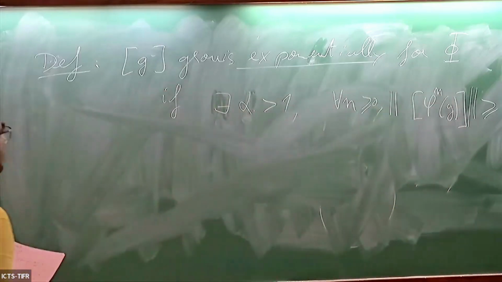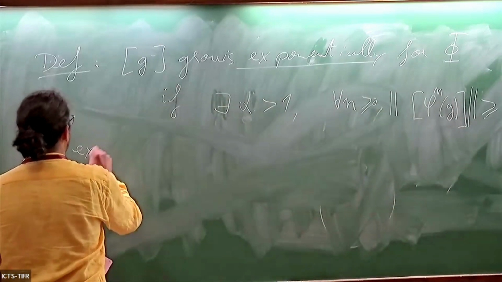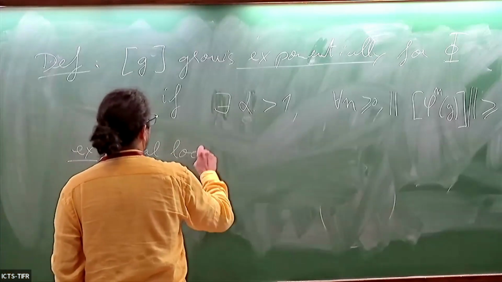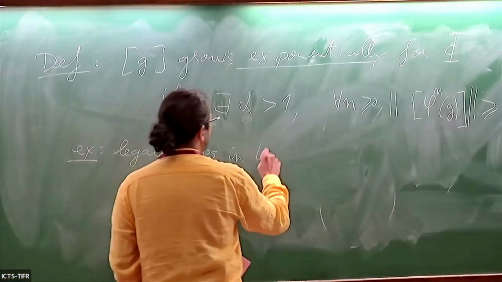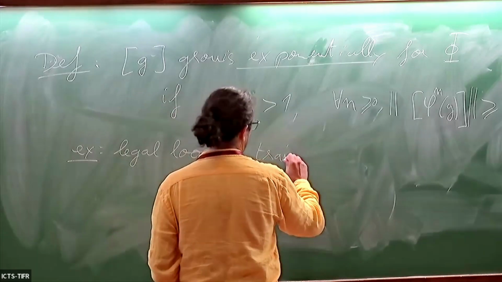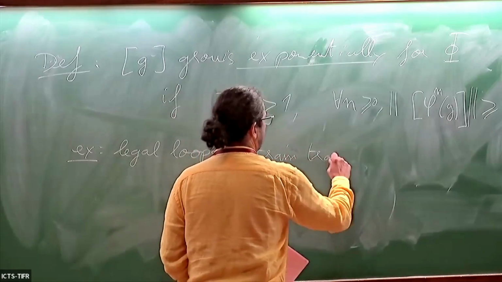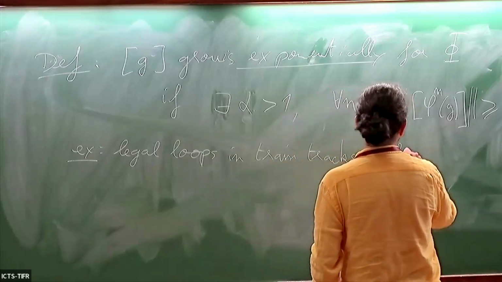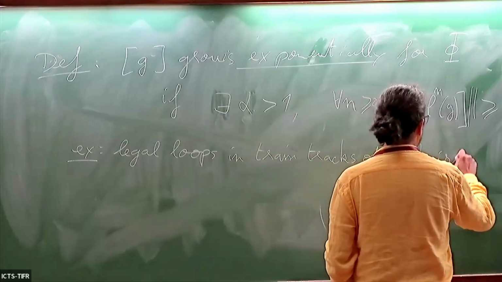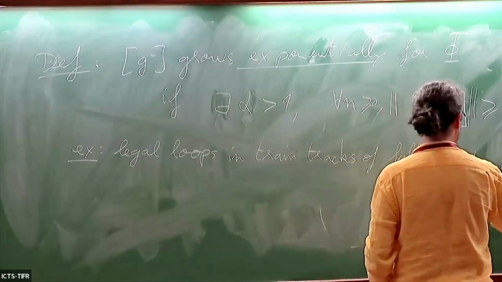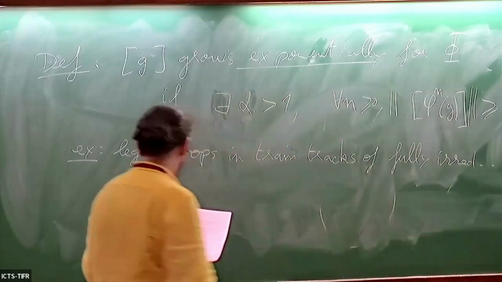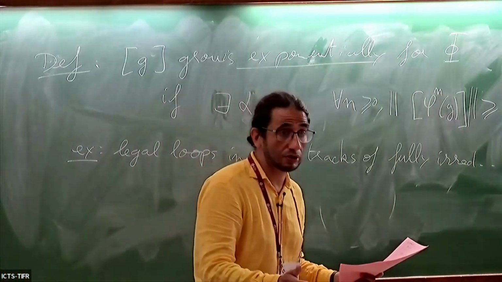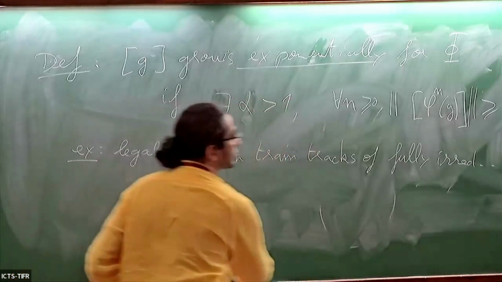And so examples: legal loops in train tracks of fully irreducible. And if I finish by a statement, the theorem of, do I have the 2 minutes to write the statement?